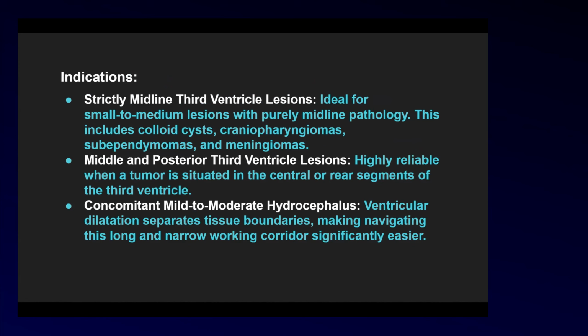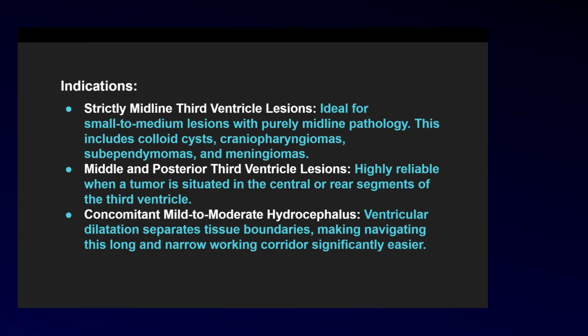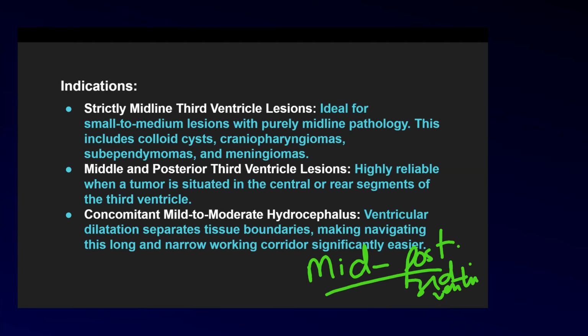The indications are the first thing that you want to be sure of. Both of these corridors, the transchoroidal and the subchoroidal, are for middle and posterior third ventricle. They can be used for other approaches as well.